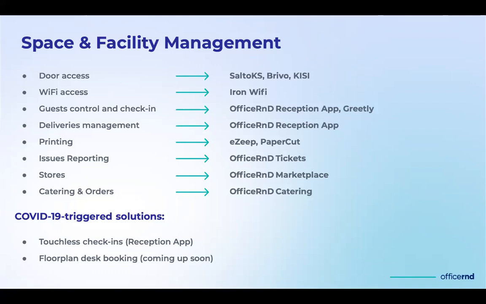Reporting, that's a big topic, I would say, an issue sometimes. So what we actually offer in OfficeRnD are the so-called OfficeRnD tickets. The ticketing system is something that has been working very well so far, and it's been very helpful because your members can directly send you a ticket, which would report if they have any issue with something in the space, or there's some problem that needs to be solved, or any feedback, but they can directly reach out to you, and you can receive this as a message on the admin side.